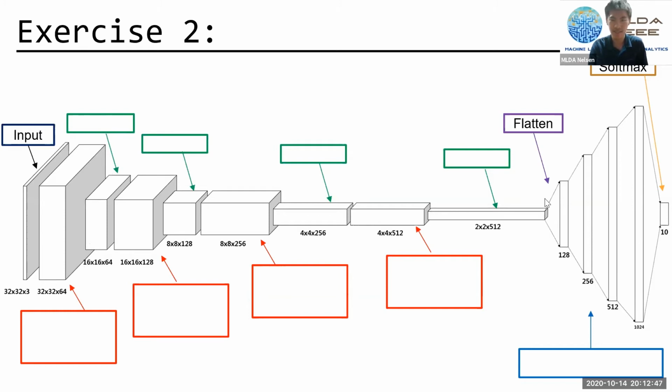Lastly, once we get a lot of features, like 2 times 2 times 512, this is the amount of features that we are going to use. We flatten it out and put it into a neural network. With the neural network, the last layer uses softmax to get everything into 10. After we get that, we do the softmax and see which image belongs to which class.